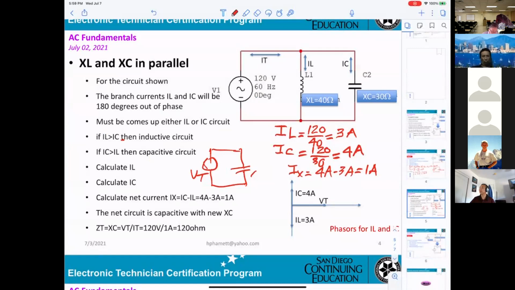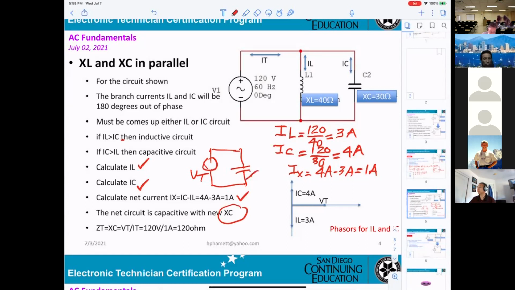So you calculate IL easily, IC easily. The net current, we already calculated for you, 1 amp, okay? And the net circuit will be capacitive with the new value for XC. That means XC no longer equals 30.